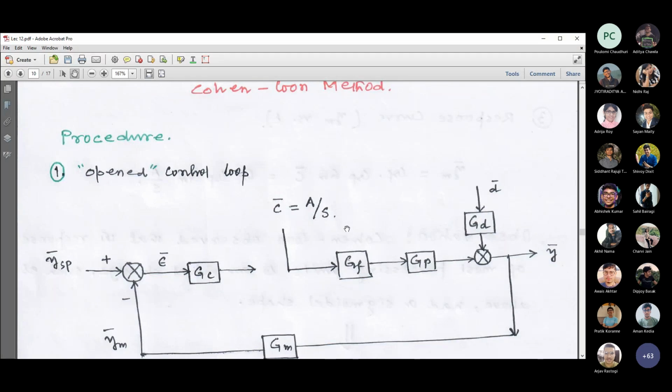So what is the procedure? I mean, what steps are involved in this method, that I want to discuss first. Let us first discuss the procedure in detail. Then we will see the application of this method with one example.